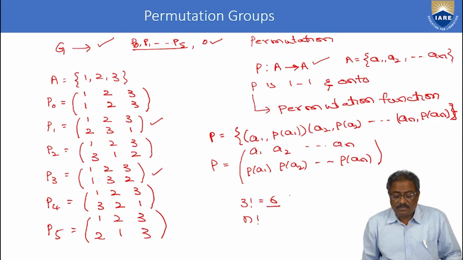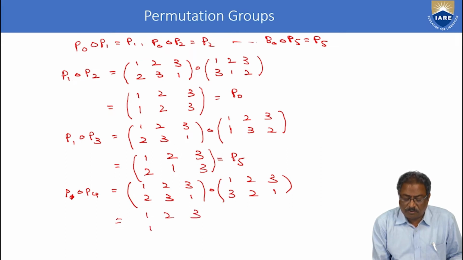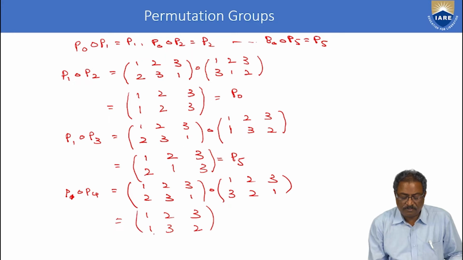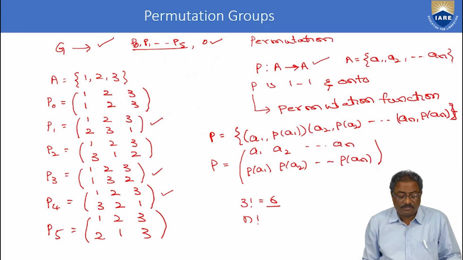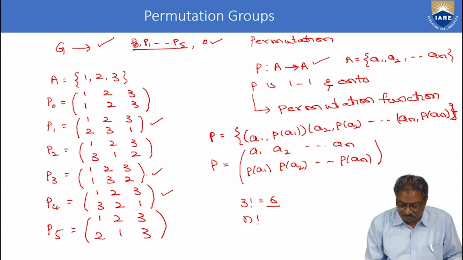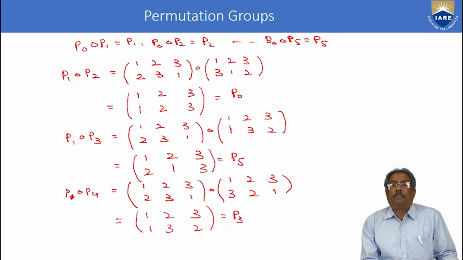Then 1 to 3, 3 to 1, 2 to 2, and 2 to 3, 3 to 1, 1 to 3. So I get 1, 3, 2, which is nothing but P3.